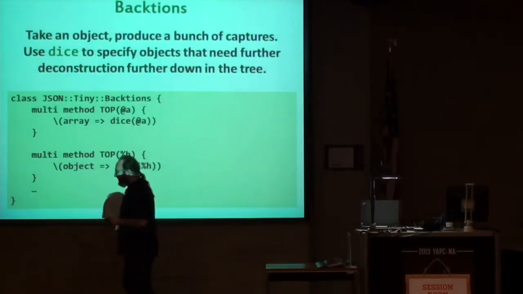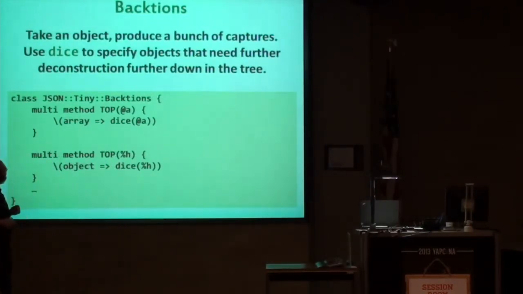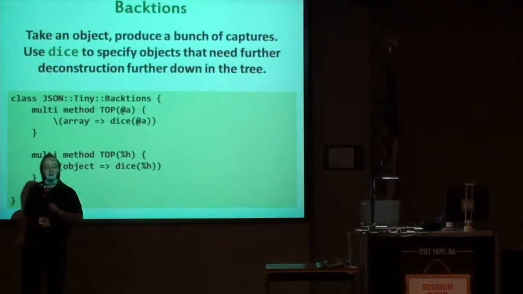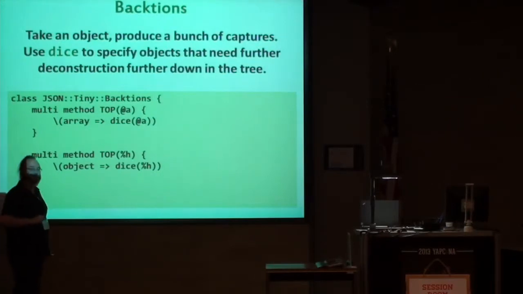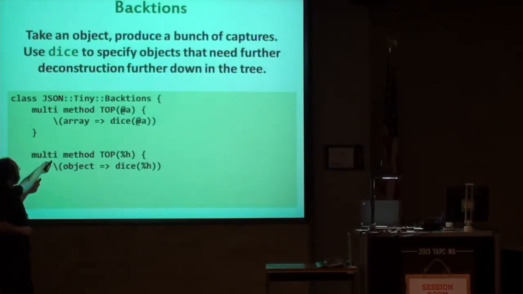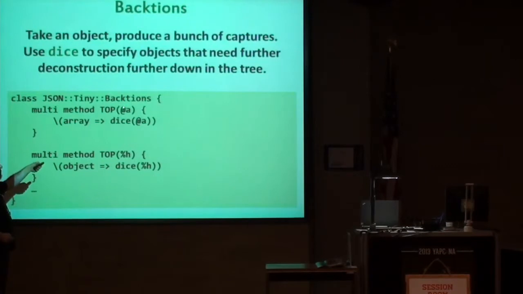And yeah, what you do is you just write methods which correspond to rule names, and what they do is they produce the capture which will be used to generate that kind of rule. So what you see here is if at the top we're passed in some kind of array, then we end up in this multi-candidate like this.